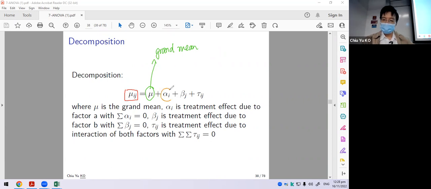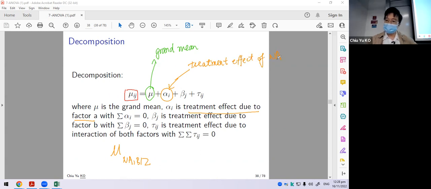And what is alpha? Alpha is the treatment effect due to A, right? What does that mean? Suppose mu is, say, NA and business school. In that case, alpha i is the treatment effect of NA.